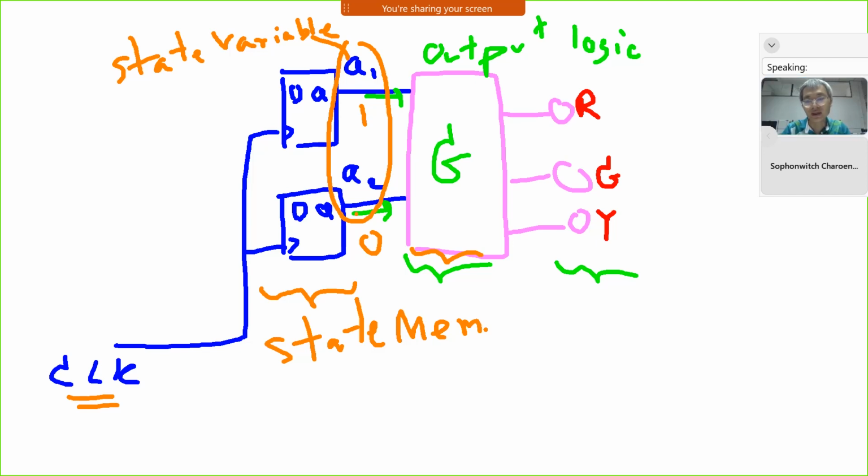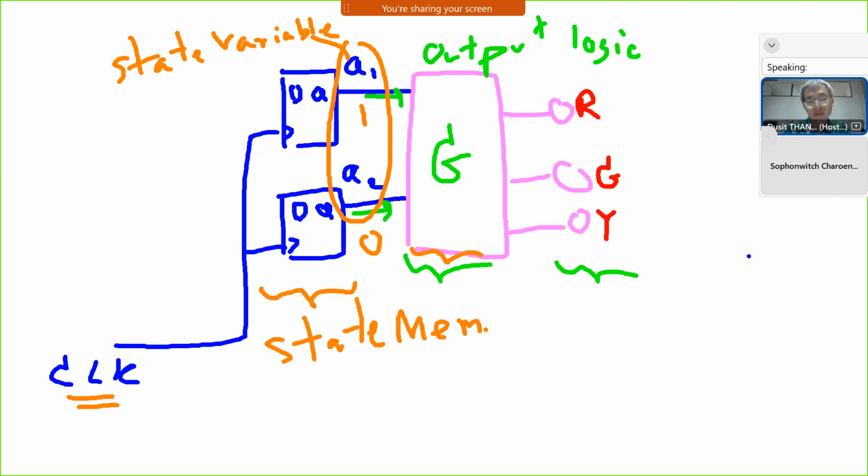To design, you should consider how many states the system has. For example, in this traffic light example, maybe the red lamp turns on, output G turns on, or output Y turns on. So there are 3 situations of the output.